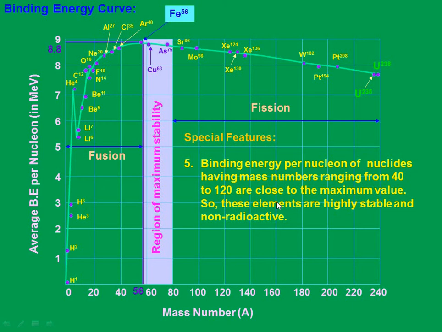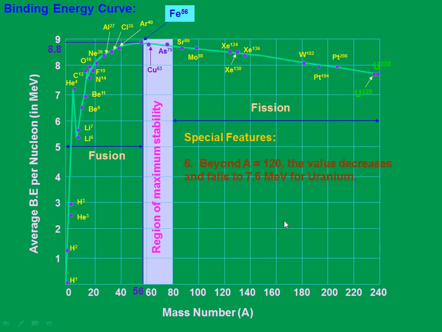Later we will discuss all that in our next topic, alpha, beta, gamma radiations. That is what we call radioactivity. All these stable elements do not have that property, and that's why they are called non-radioactive.